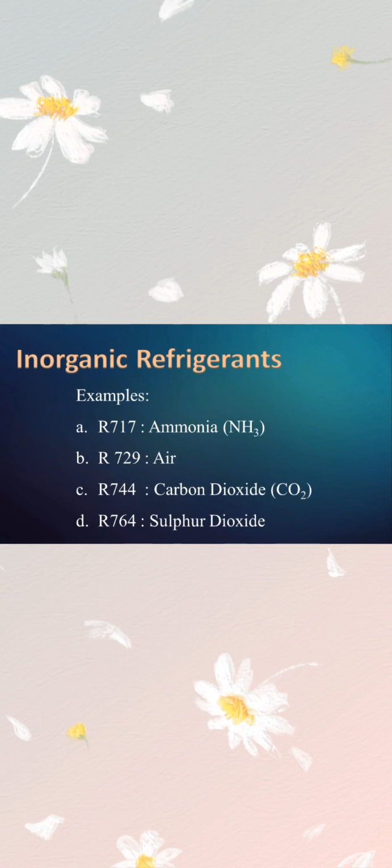So, it is R717. Similarly, R744 is carbon dioxide and R764 is sulfur dioxide. The average molecular mass of air is 29. Therefore, R729 is air. Let's see their properties and individual applications.